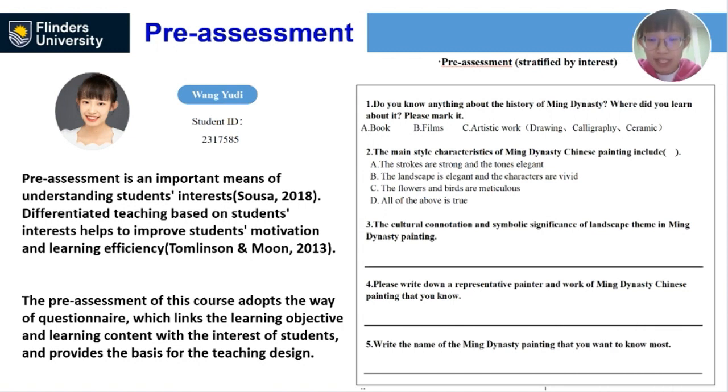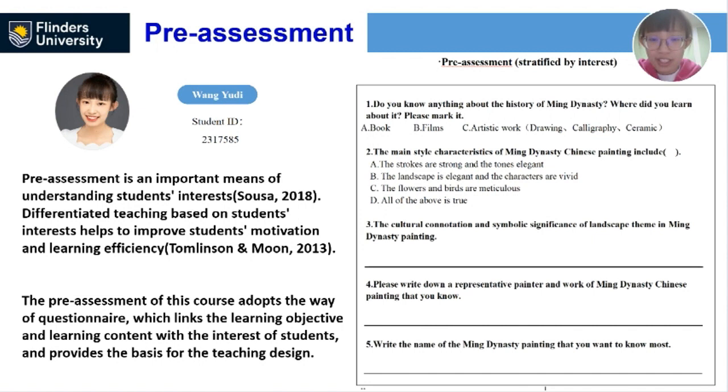The pre-assessment of this course adopts a questionnaire survey to link the learning objectives, learning content, and the students' interests, so as to provide a basis for teaching design. A total of 5 questions are designed in this questionnaire.